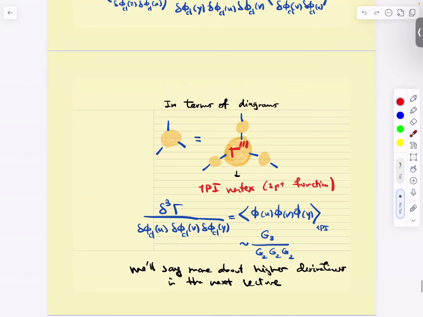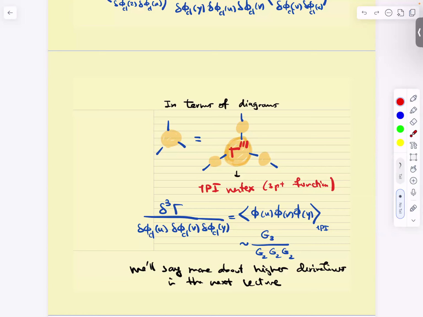But in summary, let me just summarize what happened. We introduced effective action: when you had your partition function, that was a function of the source. And you could take minus log of that, which was the generating function for correlation functions, right?